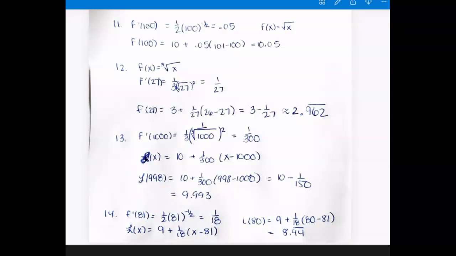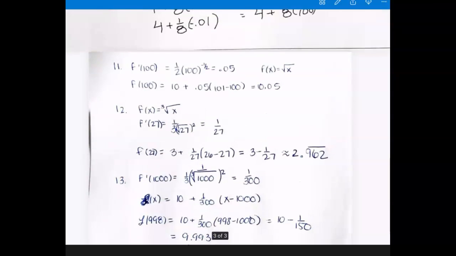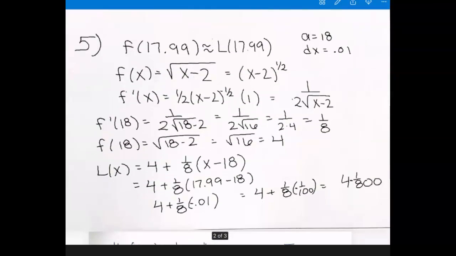Okay. Any questions at all on the 4.5 linearization homework? Hopefully, that was kind of like the summary of linearization for you. Hopefully it all sort of makes sense. Like I said, I know there's a couple more pages in the notes. Those notes are on what we call differentials, which is what I showed you in example 5 here.